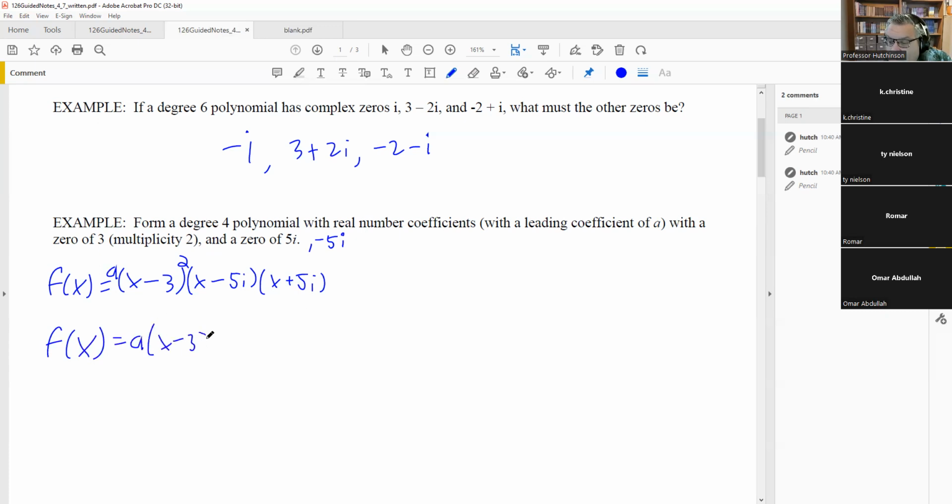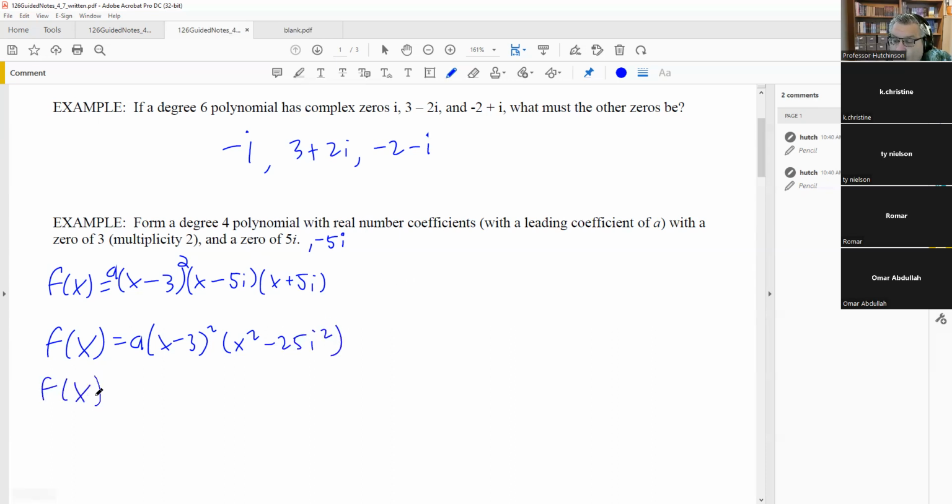Let's multiply out these two on the end first. So if I multiply this, I get x times x is x squared. Now I get a plus 5ix and a minus 5ix. Those are going to cancel out, so I don't have any middle term here. Then I have minus 25i squared.